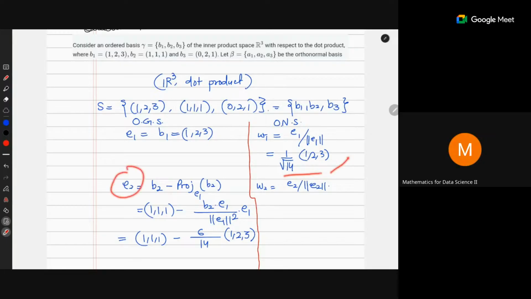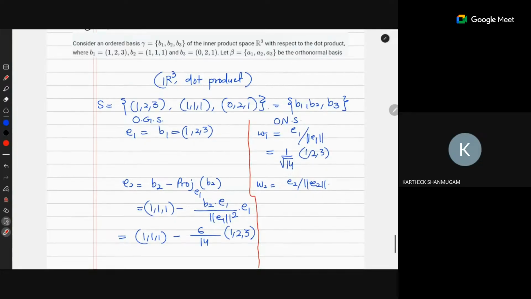Just to confirm my understanding up to this point: we take B1 and directly equate it as E1, which is an element in the orthogonal set. For the orthonormal set, I take E1, or B1, and find the unit vector by dividing it with the norm, which gives W1.